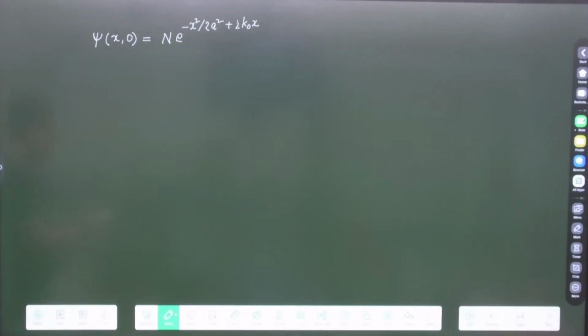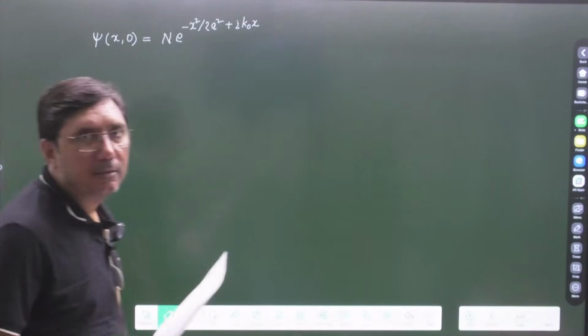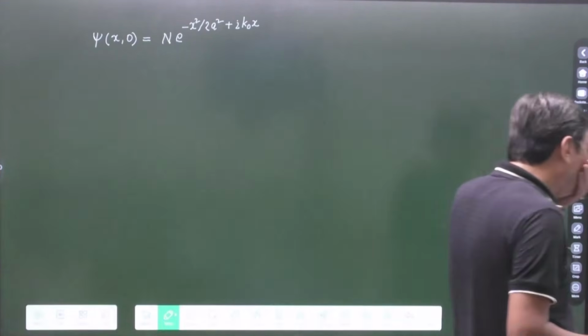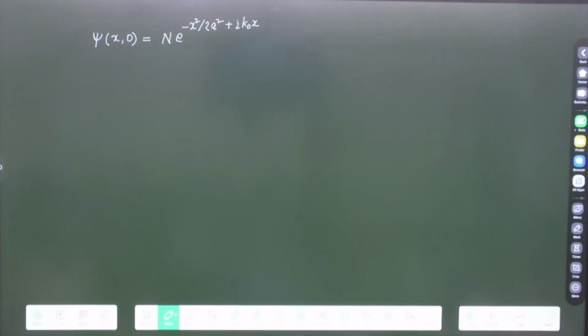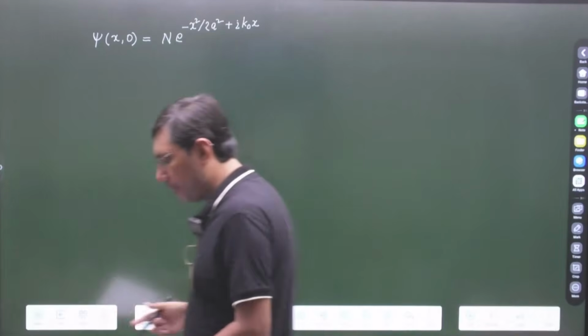Find the normalization constant. Do it, it is a simple question.